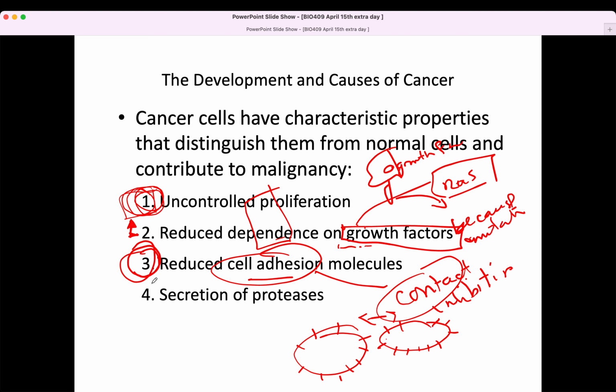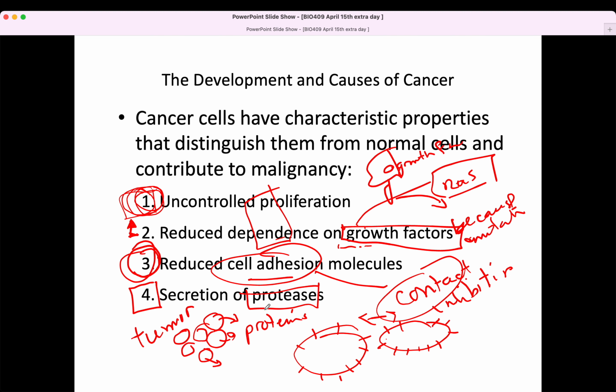Here's one that is true of tumors, and it is a different story that we haven't learned about. So we'll just say here's a tumor, and these tumor cells are secreting molecules, including enzymes that degrade proteins.